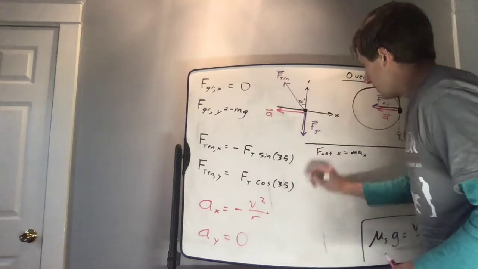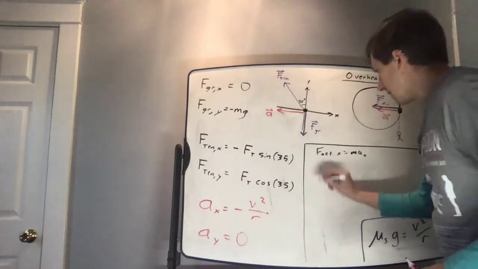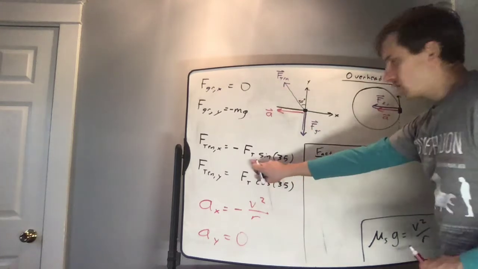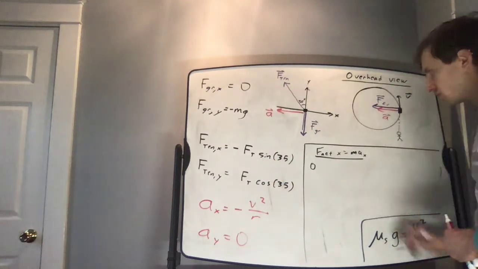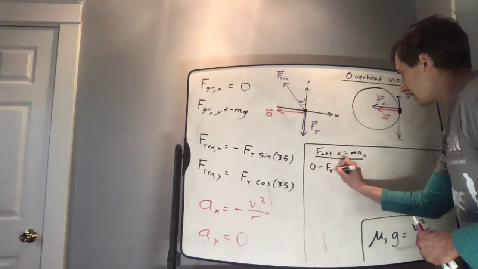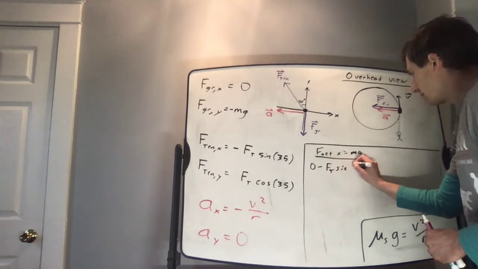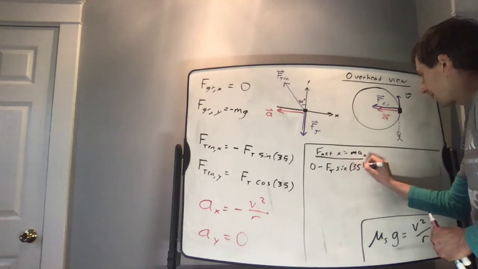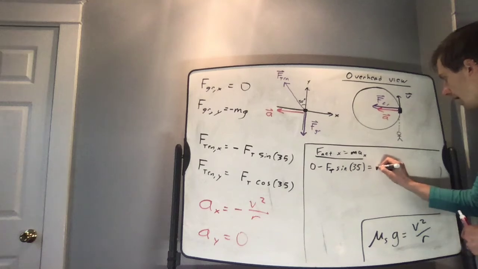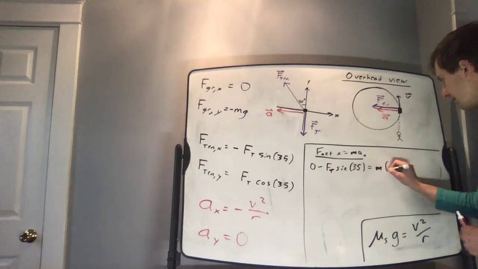I could say gravity has a force of 0 in the x direction. Tension has a force that big in the x direction, so I get minus Ft sine 35. And that's equal to m times negative v squared over r.